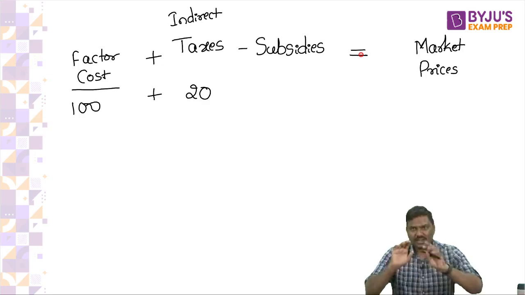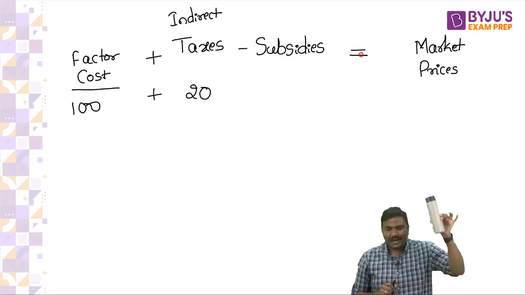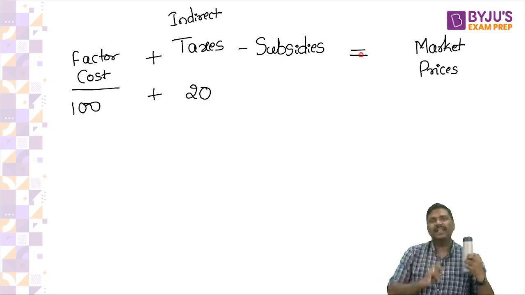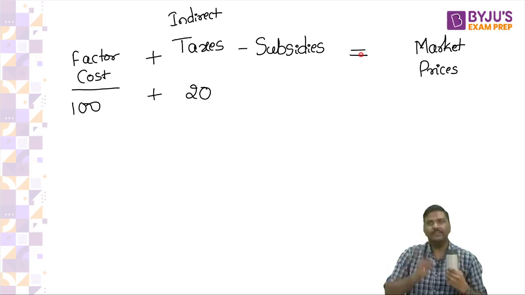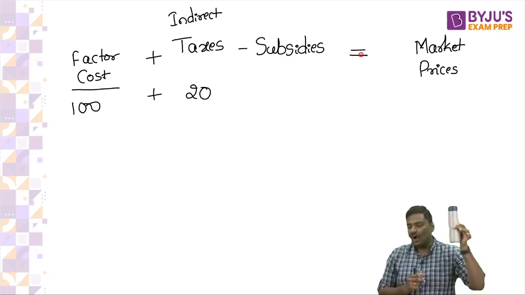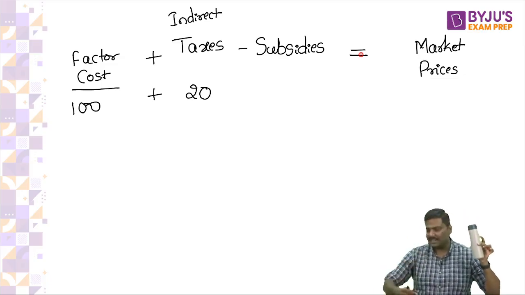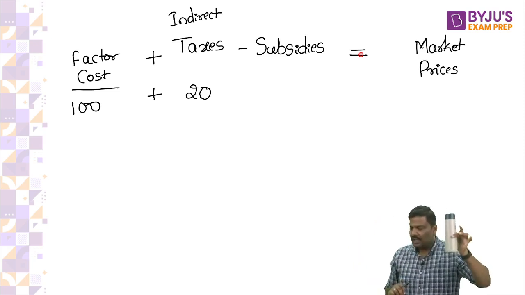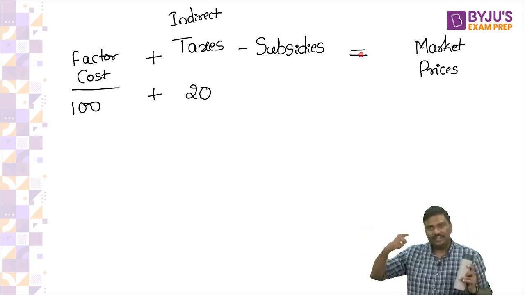Now let me ask you a very simple question. You are manufacturing the bottle at 100 rupees and the government will give you 10 rupees subsidy. Now you tell me, will it reduce the cost of the bottle or not? Start answering, start participating, it becomes easier. You are incurring a cost of 100 rupees and the government will give you 10 rupees.